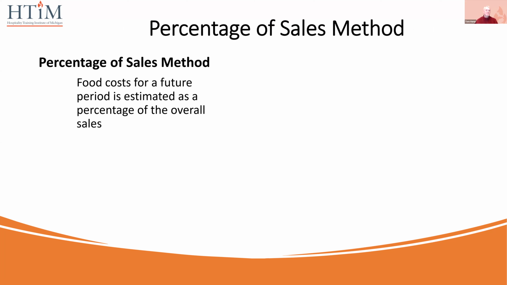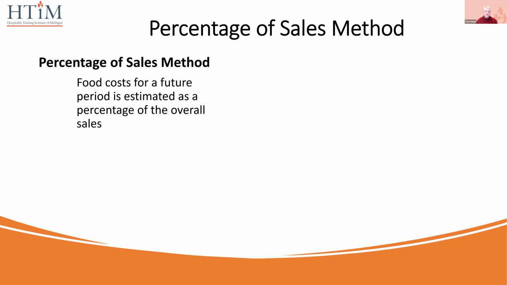So the percentage of sales method is where food cost for a future period is estimated as a percentage of overall sales. Let's say we're forecasting right now for February, and we anticipate we're going to have a better February. Typically we don't, there's fewer days, but that's okay. For this example, we're going to have a blowout February for whatever reason.